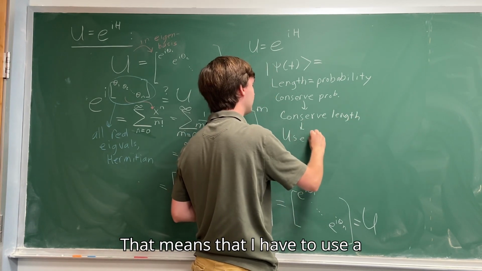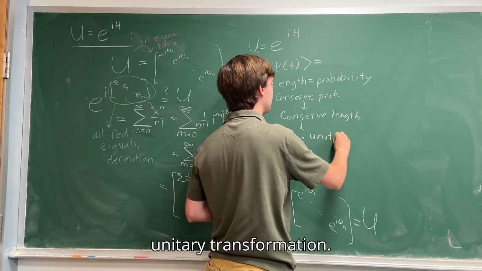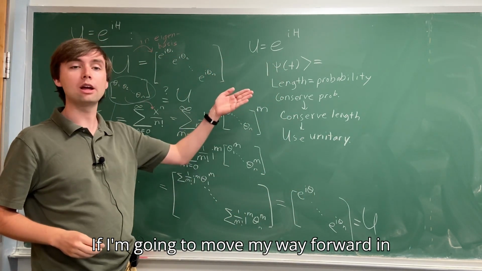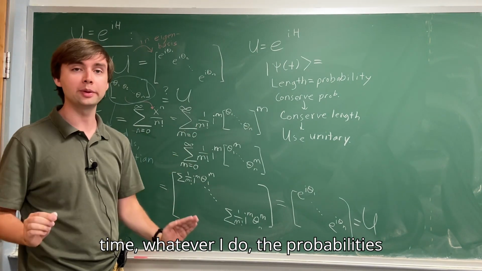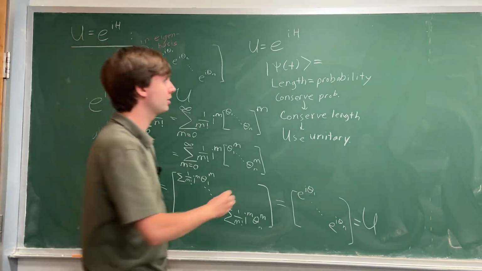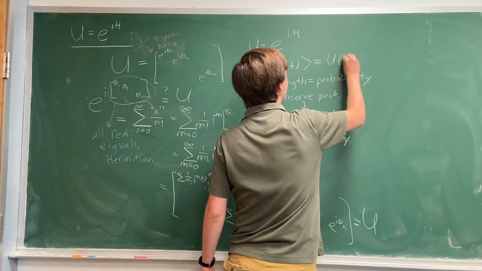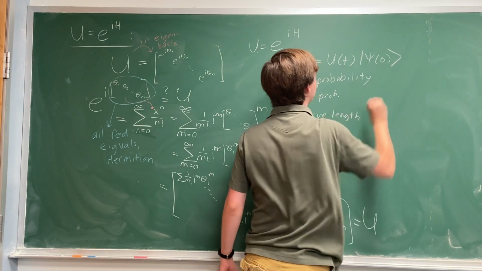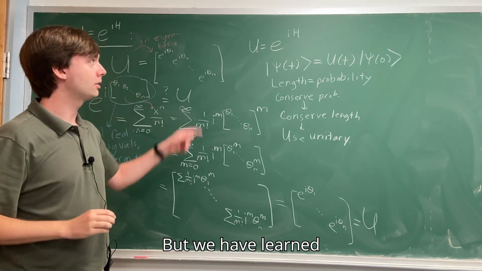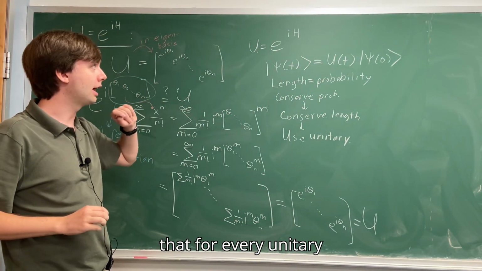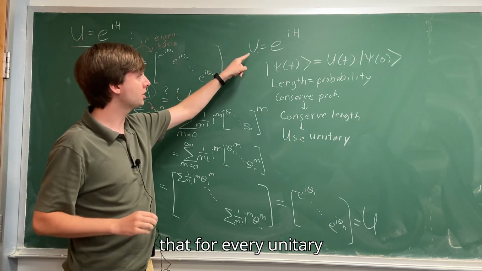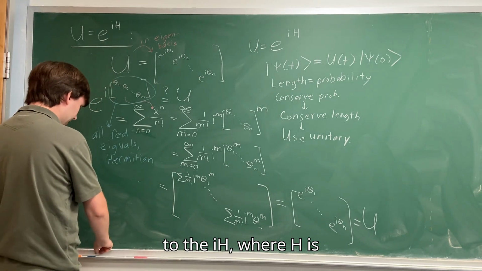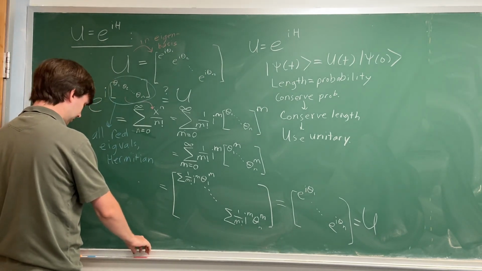That means that I have to use a unitary transformation. If I'm going to move my wave forward in time, whatever I do, the probabilities better still add up to 100. But we have learned that for every unitary transformation, that's going to be like e to the i h, where h is Hermitian.